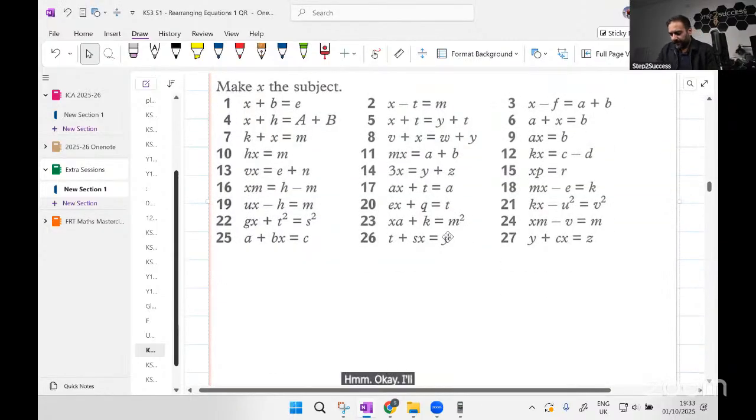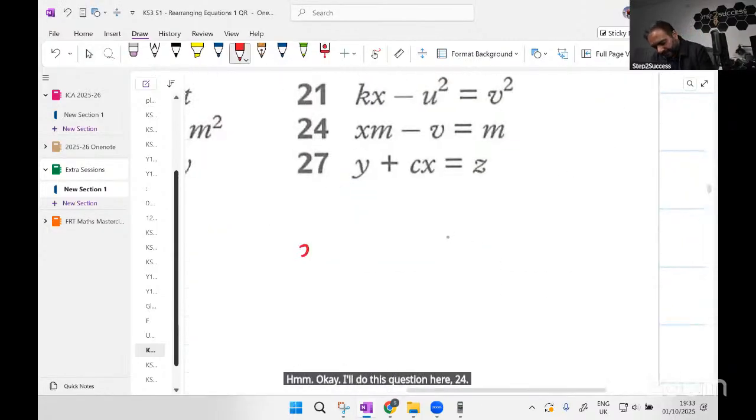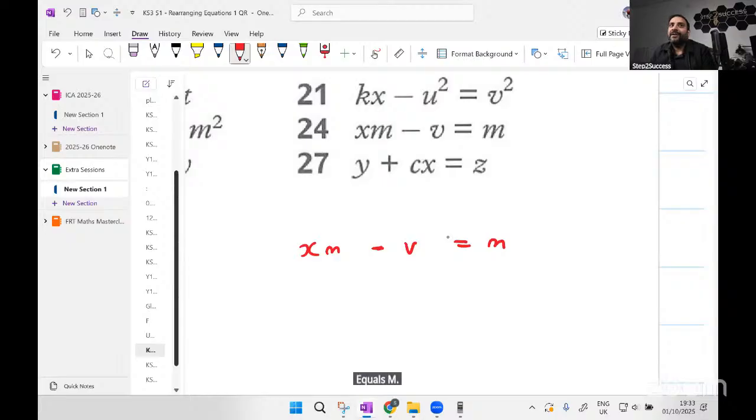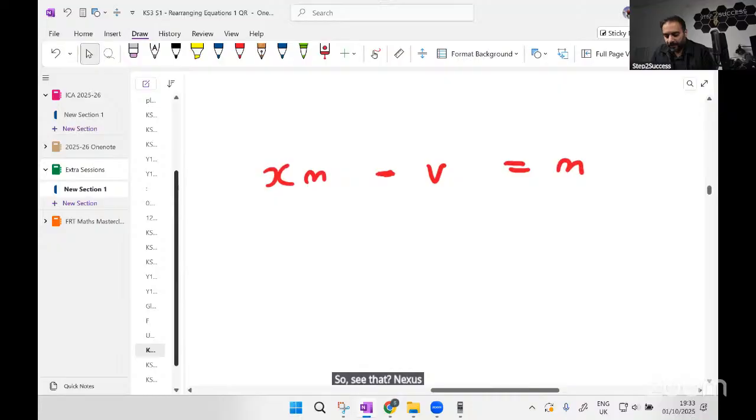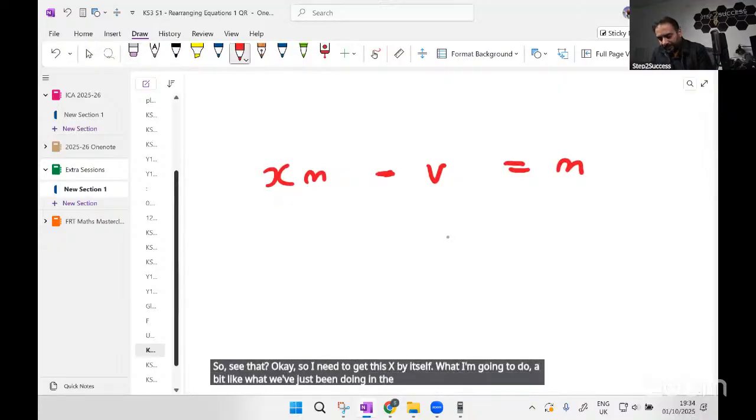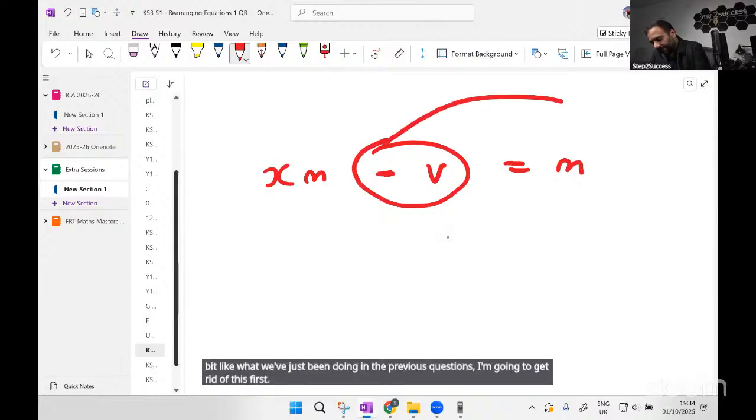I'll do this question here, 24. It says xm take away v equals m. And the question is to make x the subject. So I need to get this x by itself. A bit like what we've just been doing in the previous questions, I'm going to get rid of this first and put that there.